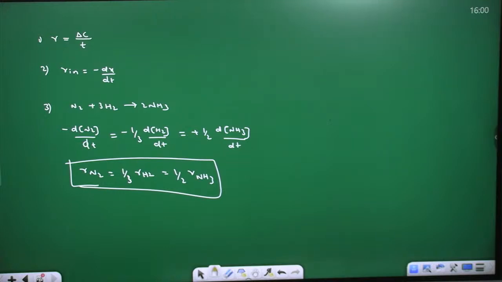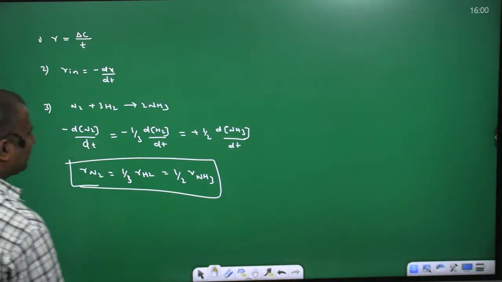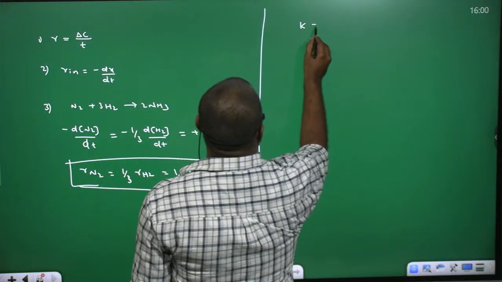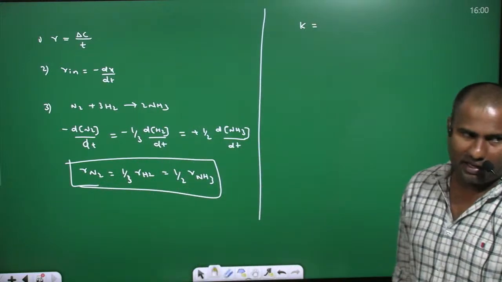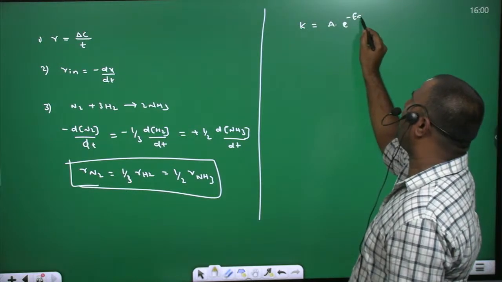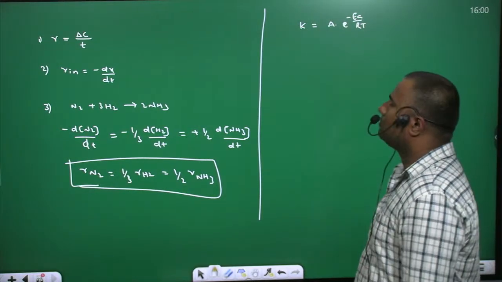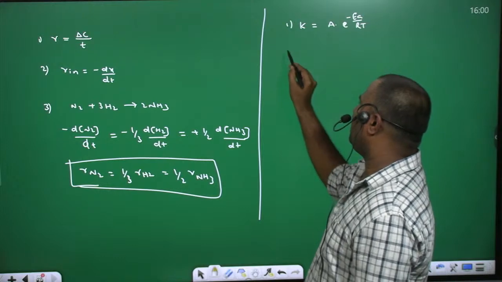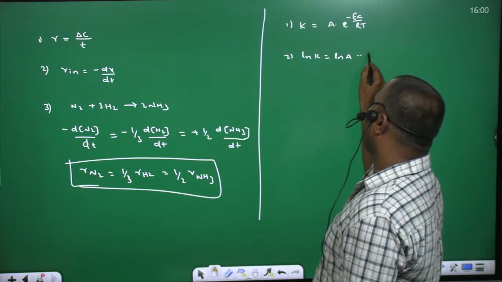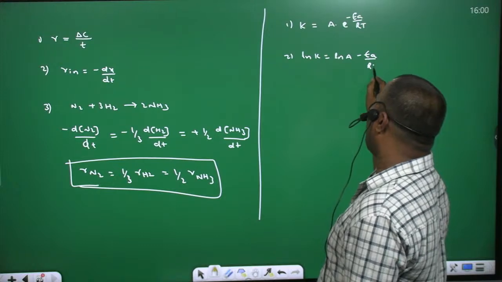That is another model. And after this, we are going to write rate expression. So rate depends on rate constant K. K equal to A into exponential of minus EA by RT. If you apply ln, ln K equal to ln A minus EA by RT.